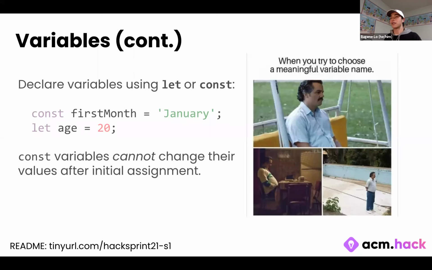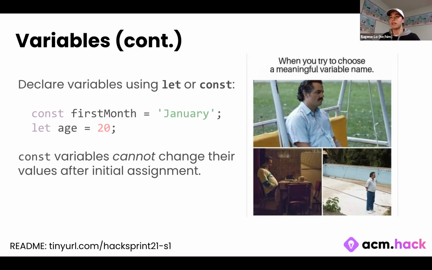How we do this is we use the actual word const or let, then the name that we want to give to the variable, and then the value we want to assign to that variable. On the top, we declare const firstMonth, and then we assign the January value to that.